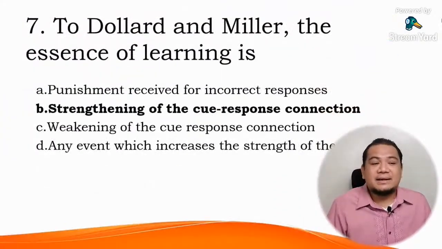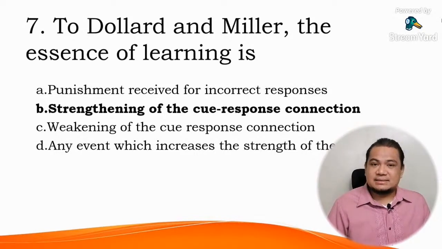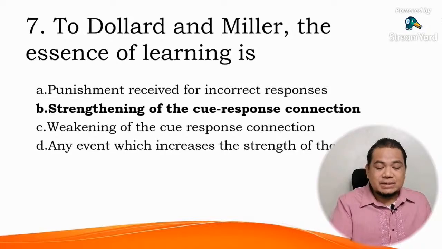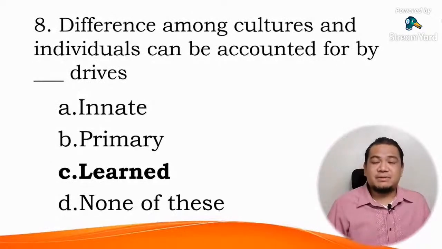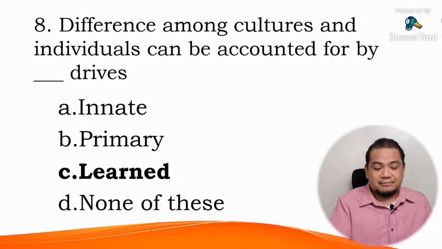Number 7, Dollard and Miller. The essence of learning is letter B, strengthening the cue-response connection. Number 8, differences among cultures and individuals can be accounted for by, the answer is letter C, learned drive.